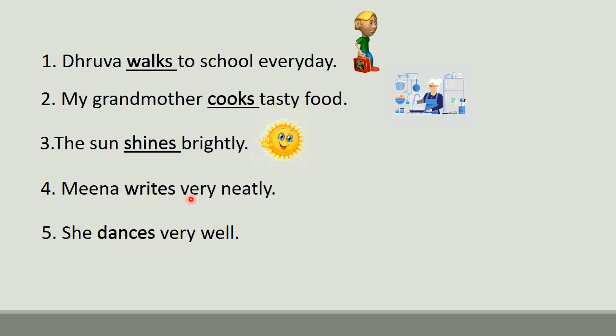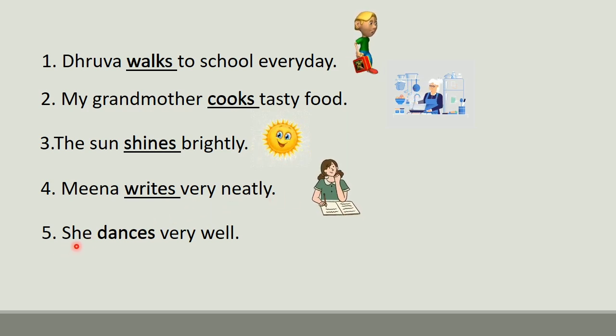Meena writes very neatly. Who are we talking about, children, in this sentence? Meena. And what is Meena doing? Meena writes. So writes becomes the action word or the verb. Can you see Meena writing? She is doing something. She is writing.